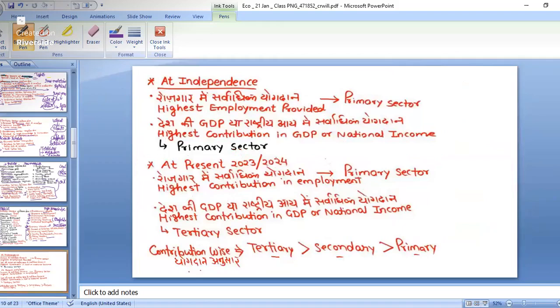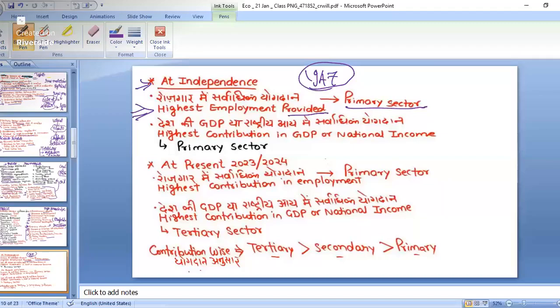Okay, so now we'll see some important points. If you see in our India part, during independence, when we got independence in 1947, what was happening at that time? The highest employment was engaged in the primary sector. Okay, so the highest employment at that time was provided by the primary sector.